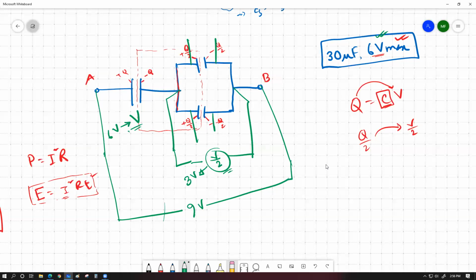Which means if we apply a maximum of 9 volts across this combination, the single capacitor is going to take 6 volts out of it. The parallel combination is going to take 3 volts out of it. They are not experiencing maximum voltage, but this one is experiencing maximum voltage. If we increase the value of this voltage, we're going to have some trouble, because in that case, this one is going to have a shared voltage of bigger than 6 volts, which is going to surpass our limit. We don't want that.